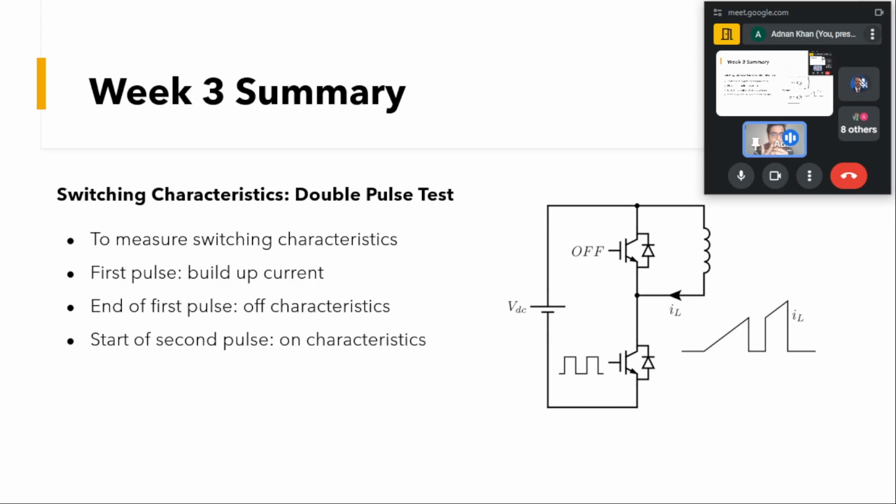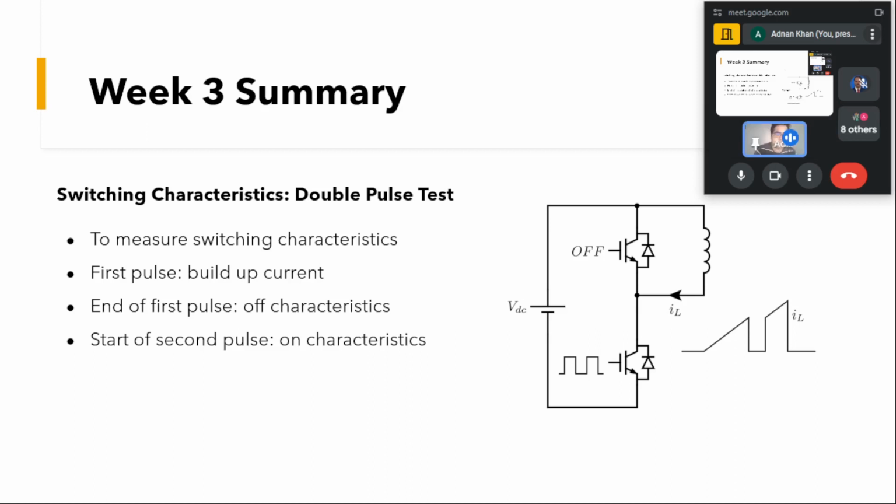We do this double pulse test because we want to test how a particular device behaves, like what its rise time of the current is. If you have a device rated for some voltage and some current, we put that device under test and see what the turn on and turn off losses of these devices are, how they behave at the turn on time as well as the turn off time.